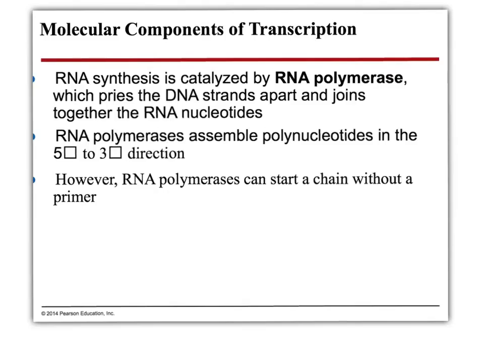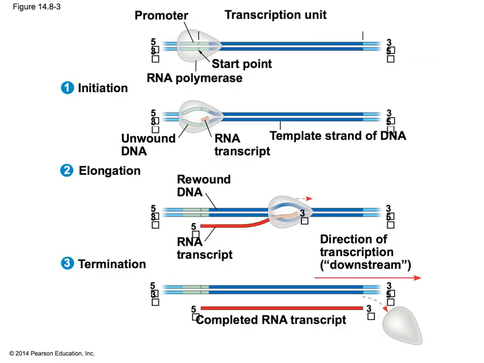It's not like DNA polymerase where it has to have a 3' OH. They can incorporate the RNA nucleotides on their own. Okay? So no primer required. 5' to 3' direction, incorporating on its own. Okay? But where does it start from? How does a cell direct where an RNA polymerase is going to go?